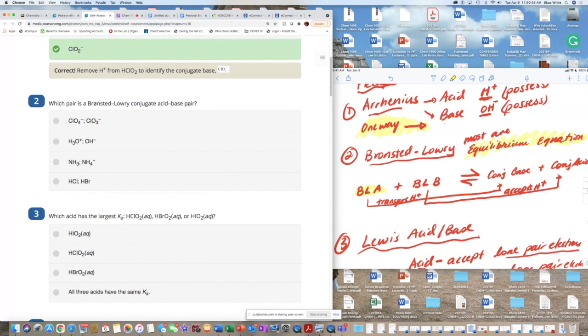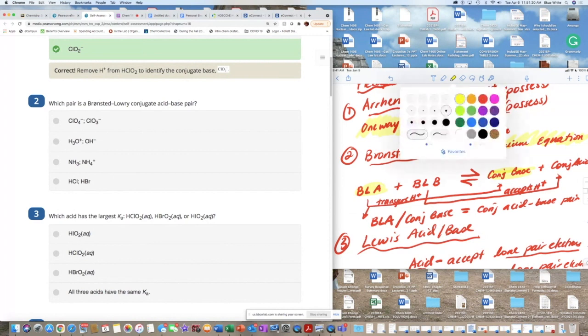The Bronsted-Lowry acid and the conjugate base, this is the conjugate acid-base pair. Like that, when you combine these two together.